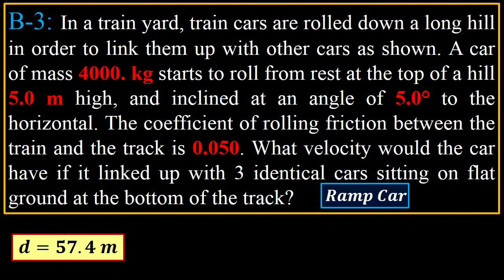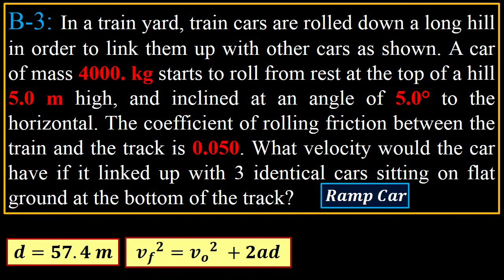I have to find the final velocity, because that is going to be the velocity for the single train. I have the mass and that velocity. That's going to be the initial velocity of the momentum that contributes. And then I have the 3 cars not moving, so that's going to be 0 momentum. And that'll be the sum of the initial momenta. So you can see here that V naught is 0, so Vf squared is going to be converted to Vf equals root 2ad.